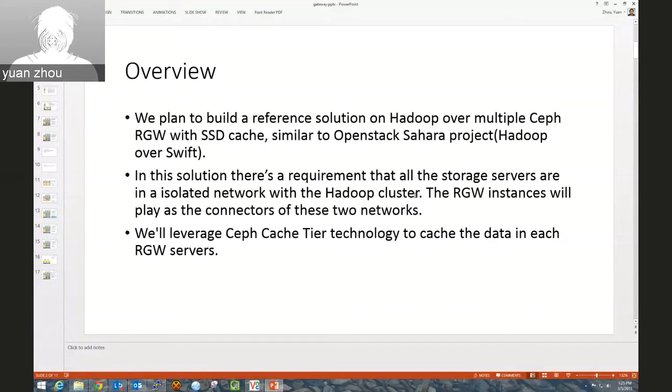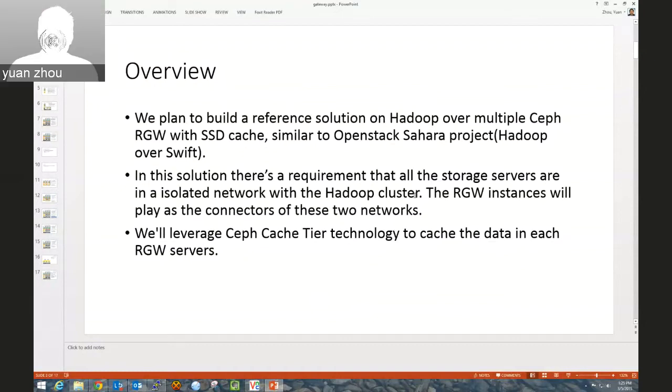So we turn to use Ceph Rados Gateway. In this solution, Ceph Rados Gateway will play as a connector of these two networks. Plus, we are going to leverage Ceph cache tier technology to cache the data in each Rados Gateway server using SSD.